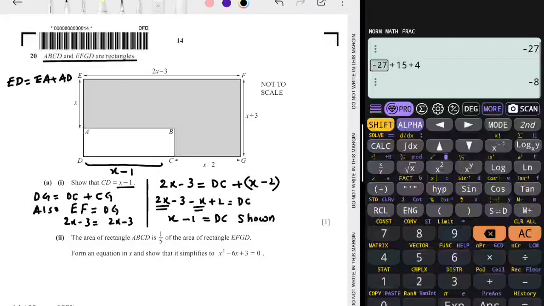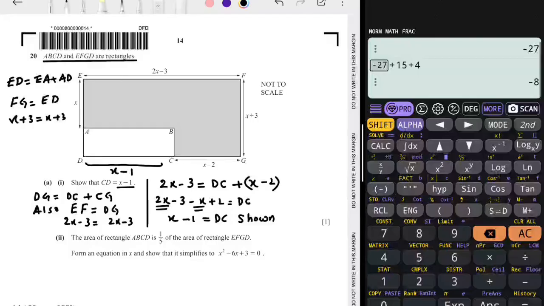Now we know that FG is equal to ED, as both are the opposite sides of a rectangle and they are always the same. ED is unknown, so FG is x plus 3, so definitely ED would also be x plus 3. Now we will substitute values.